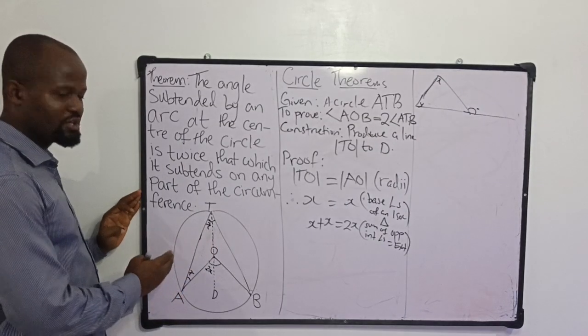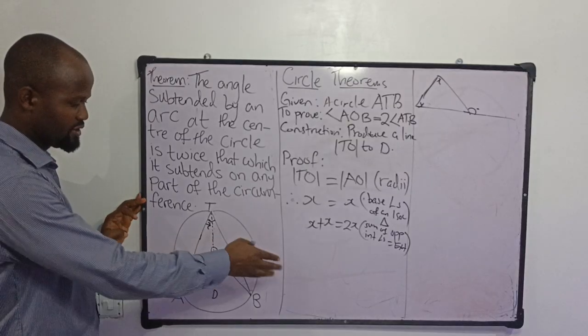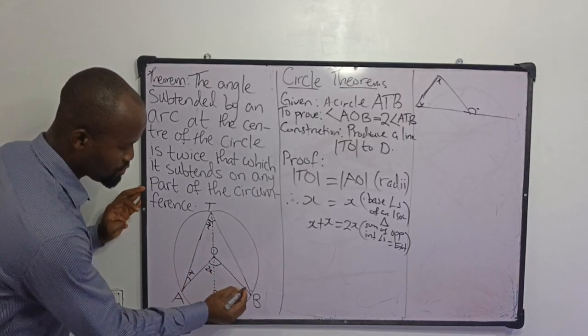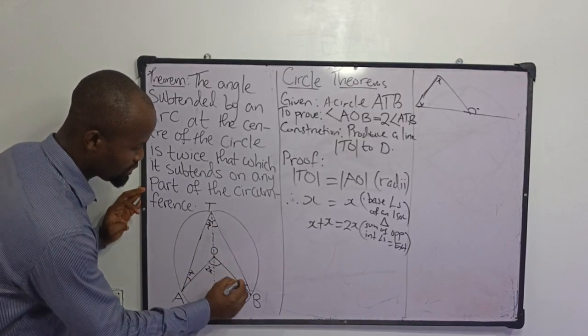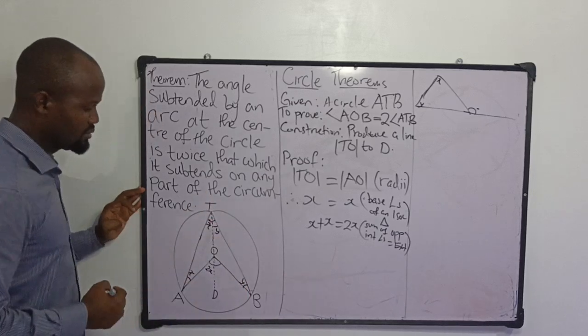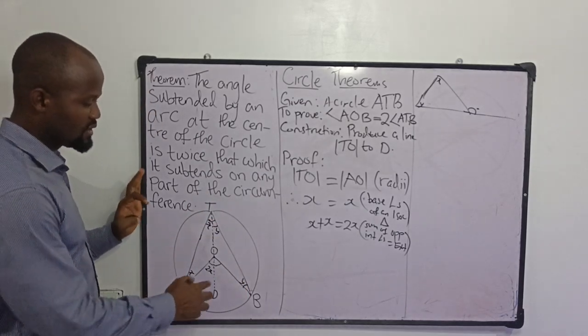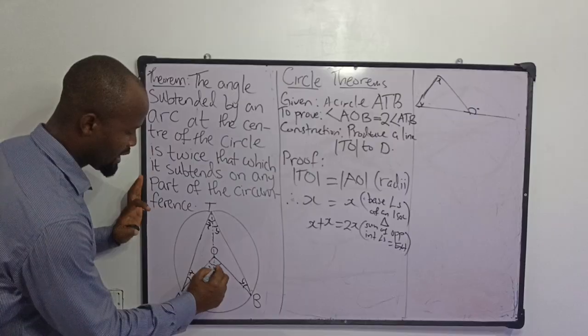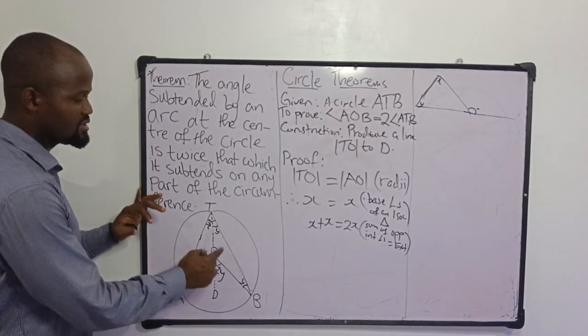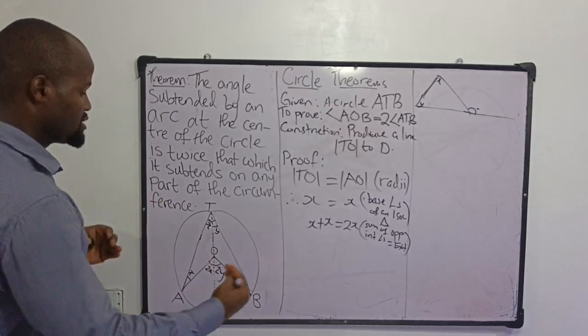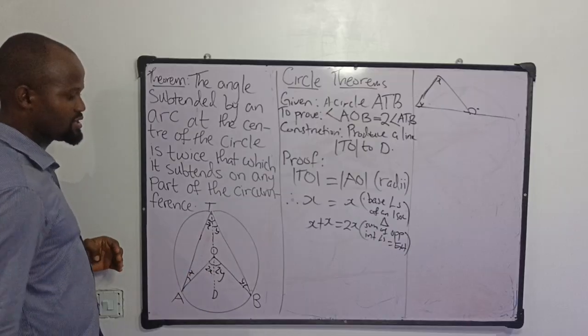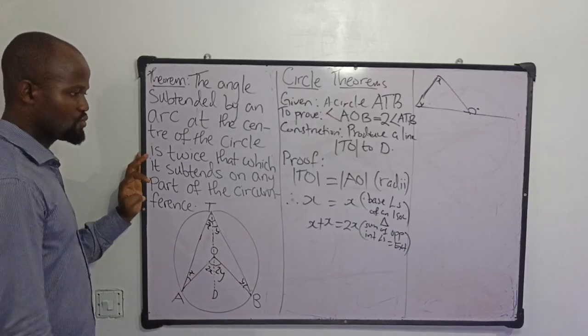Everything I've done for this first triangle is the exact same thing for the other one. So let us call these two base angles here, let's call it y on the other angle, all right? And that definitely means that y plus y gives us 2y outside, because these are the two opposite interior angles, and the sum gives us the exterior. So if this is 2x, this is also 2y.